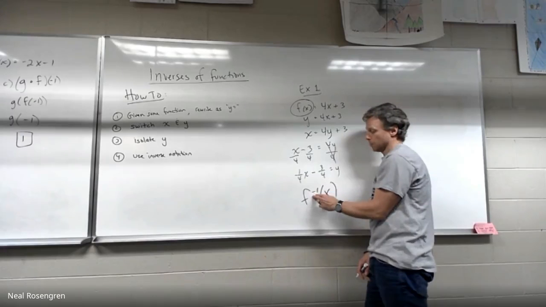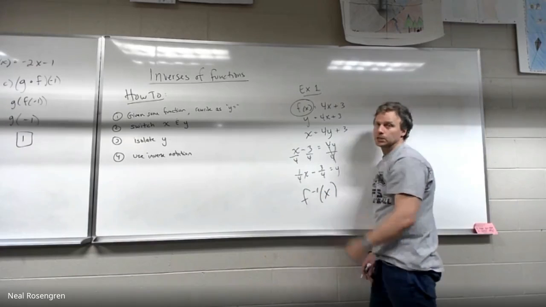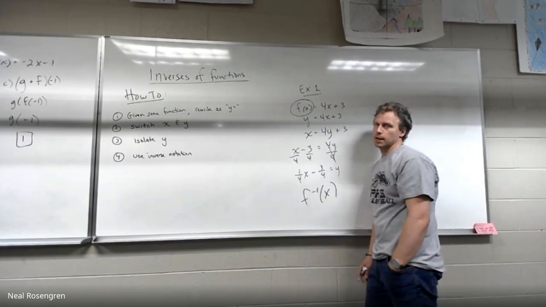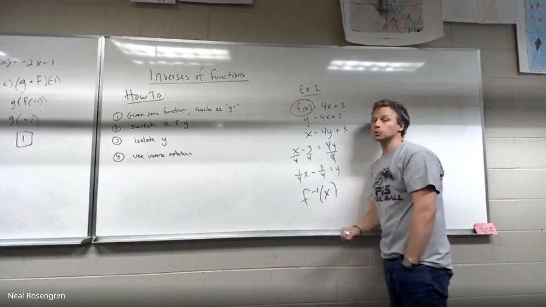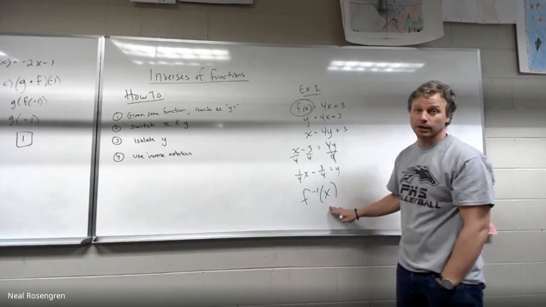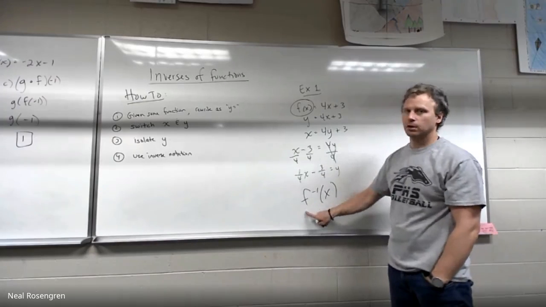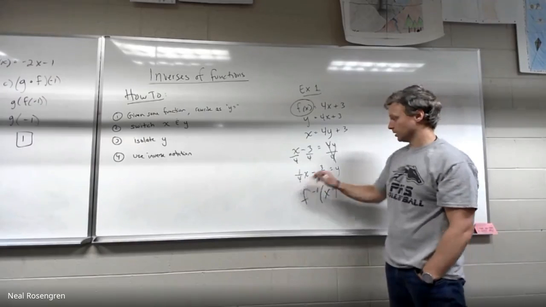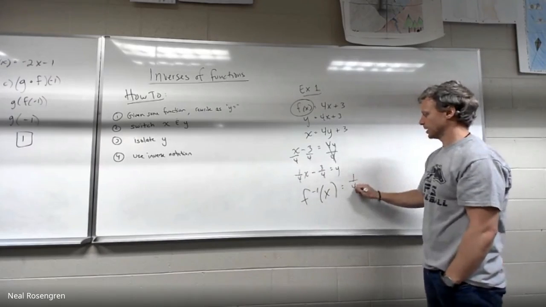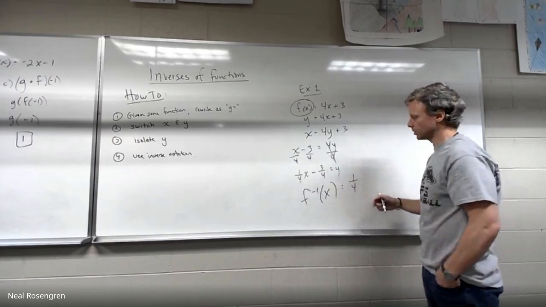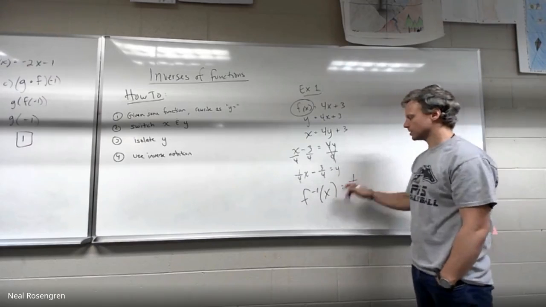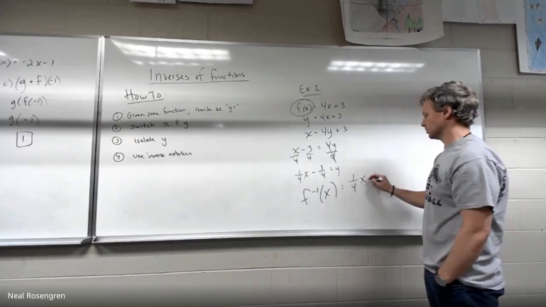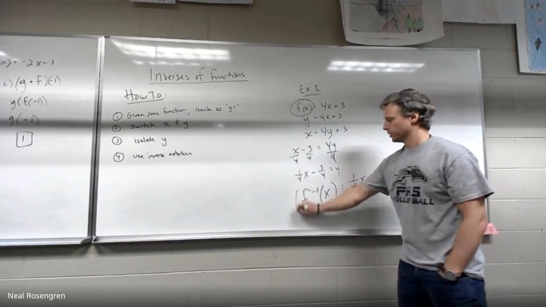Obviously it's not an exponent; it's just notation of a -1 in that spot. I called it f because that's what it started as. If this was g, then this would be g inverse. If this is h, then this is h inverse. I read this out loud one of two ways: the inverse of f of x, or f inverse of x. Either one's fine. What is it? It's just all that on the other side. I like to put the inverse stuff on the left and the actual equation over there.